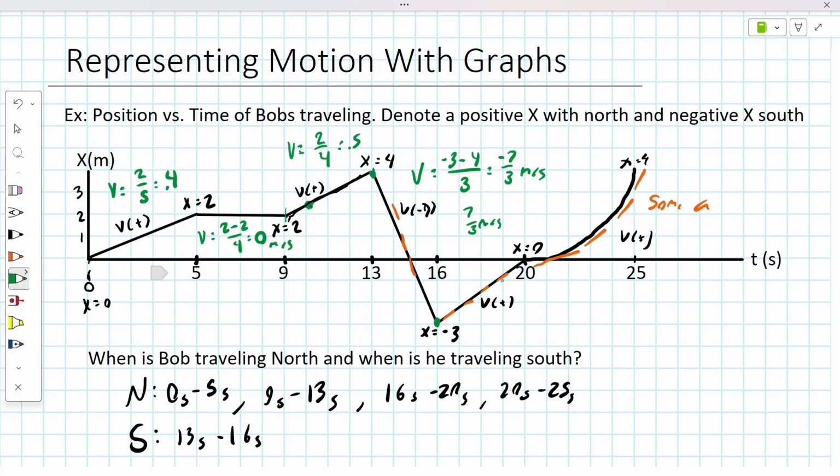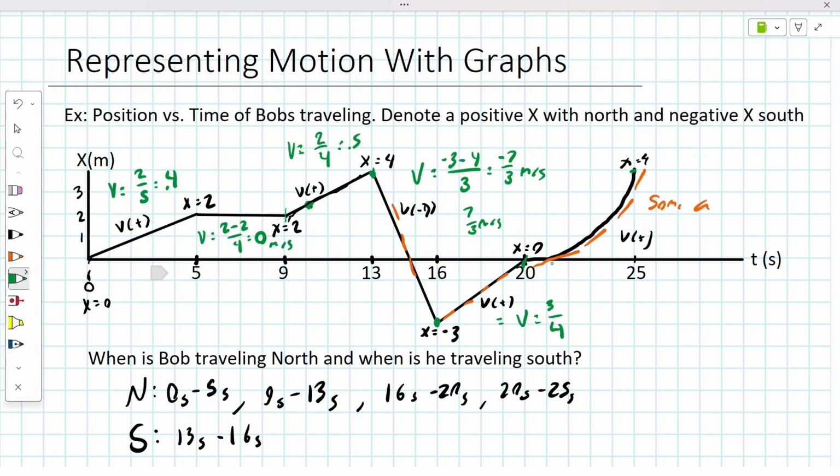If we go down and check this one, the velocity is 2 minus the negative 3, which is 3 over 4. I'm just going to exclude this last part. We're only trying to find up to the 20-second mark, because we can't find every exact velocity here.